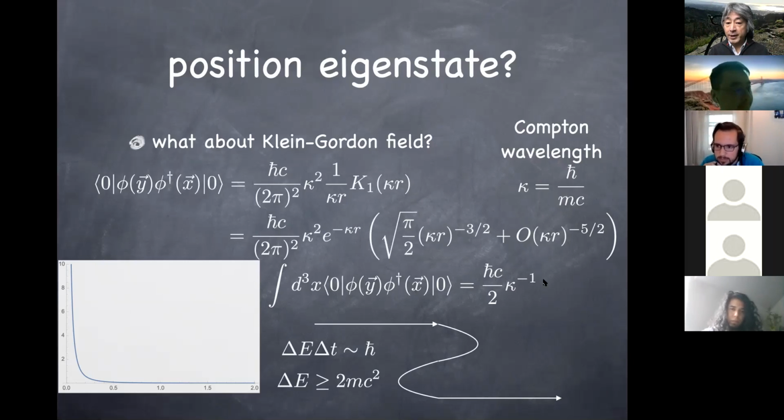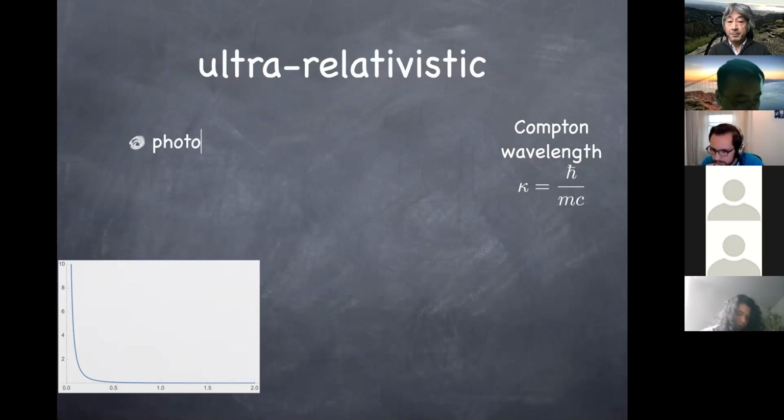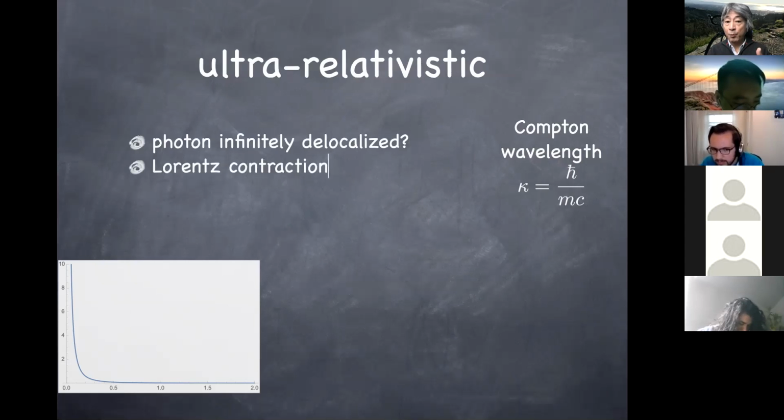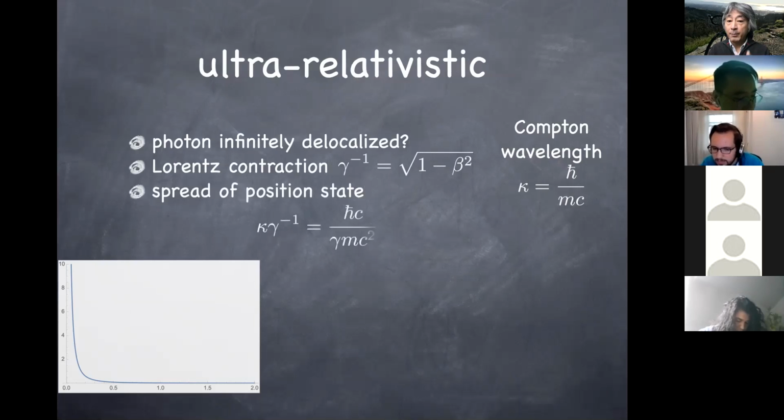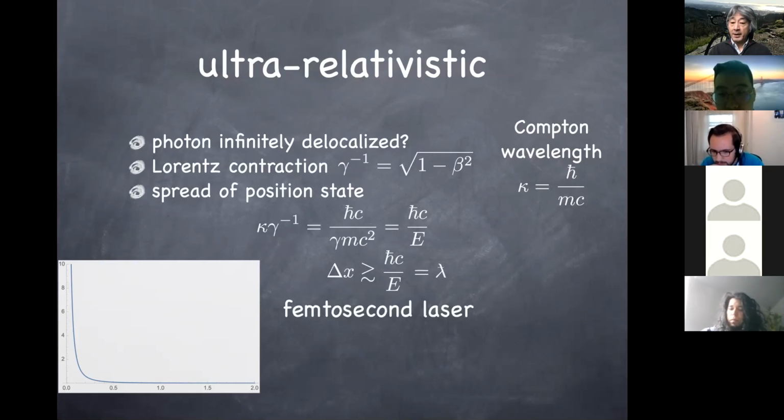That seems to contradict the statement over here. But what I'm saying here is that it doesn't, because if you boost this wave packet, which is as large as the Compton wavelength, then you find the wave packet to be Lorentz contracted, possibly down to the size given by the inverse energy. And then the size of the wave packet can, in principle, be as small as the wavelength. And the femtosecond laser pulse is definitely much longer than the wavelength itself. So there's no contradiction. And that's the argument I'm giving on this slide.